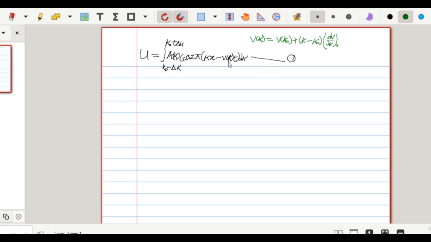We're going to substitute this value here, and if we do that, u will become the integral from k naught minus Δk to k naught plus Δk of a(k) cos 2 pi (kx minus, now instead of v(k), we have v(k naught) plus (k minus k naught) dv over dk naught, t) dk.